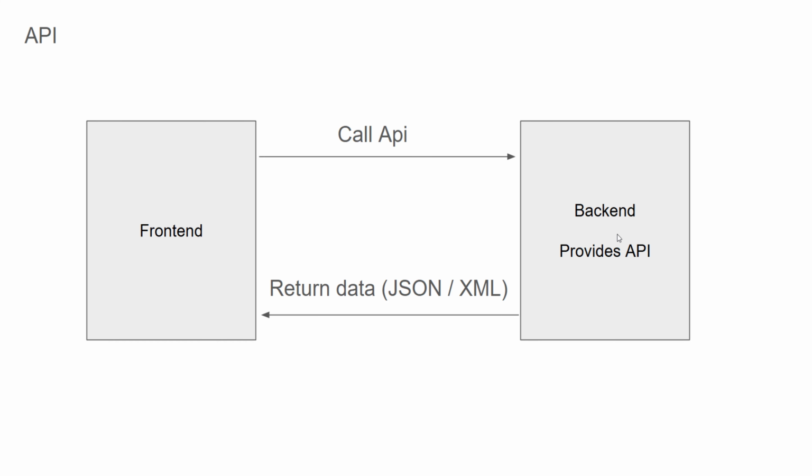Before it returns, it will go to the database and get the list of products from the database, and then return it via the internet to the front end. Okay, very easy to understand. And that is the concept of API.